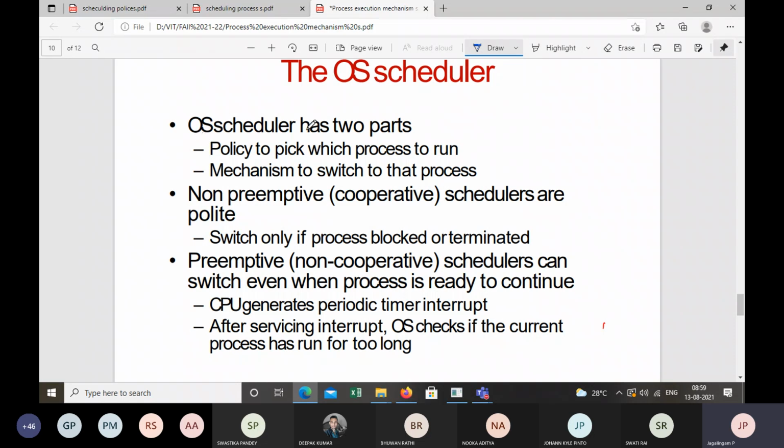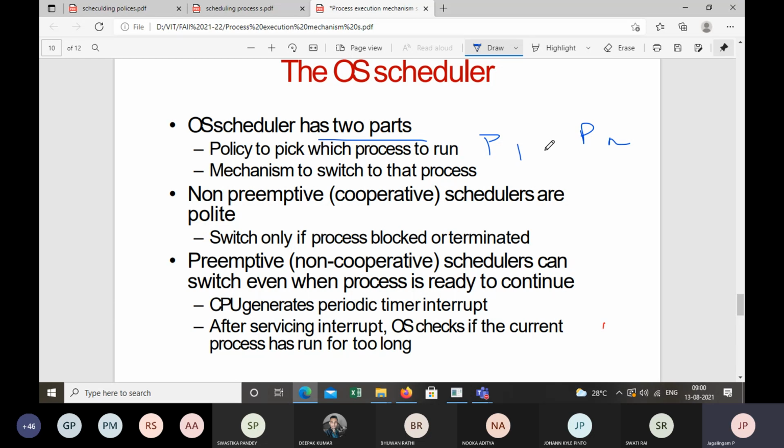Now let us try to understand what exactly the operating system scheduler is. The OS scheduler has two important parts. One is policy, the other one is mechanism. What do you mean by policy here? When you have multiple processes P1 to Pn in the system and you have decided to switch, which process do I need to switch to? I have n processes ready to run.